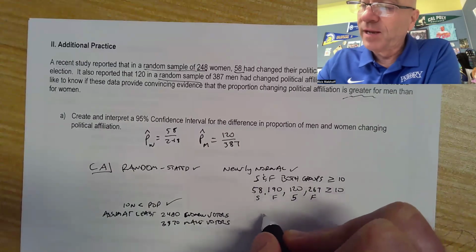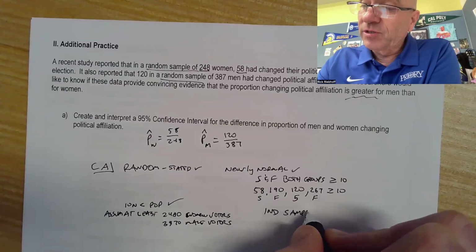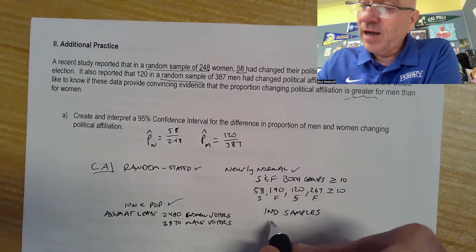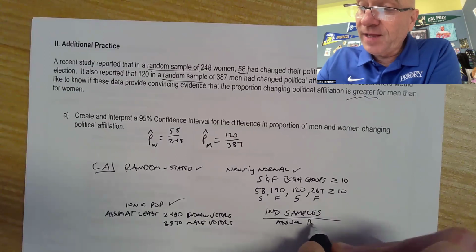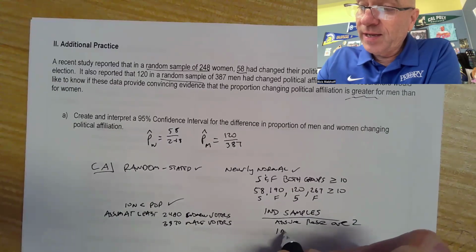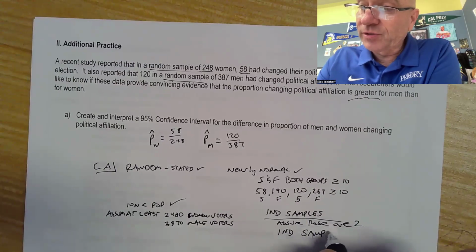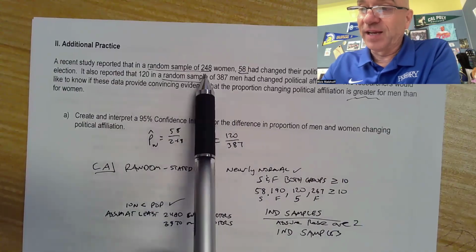Okay, you remember that. Independent samples. So independence between, again, blanket statement. Assume these are two independent samples. Okay. Pretty good. I mean, they're different sample sizes.